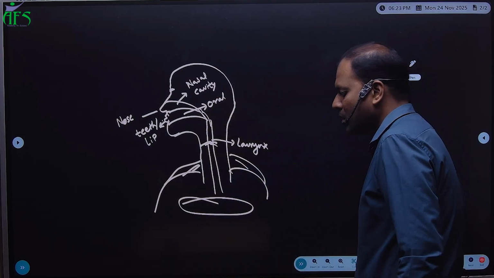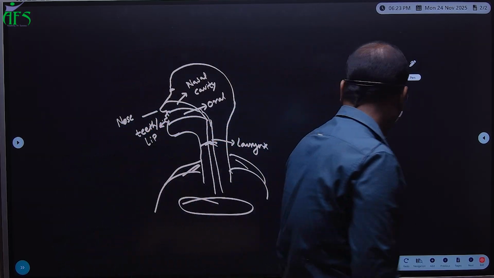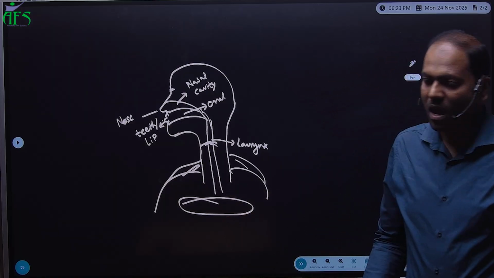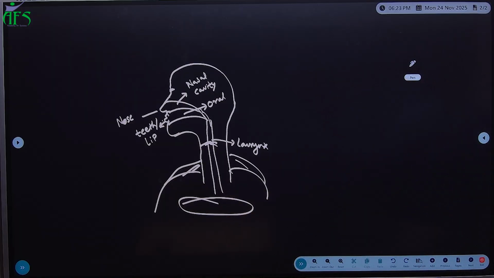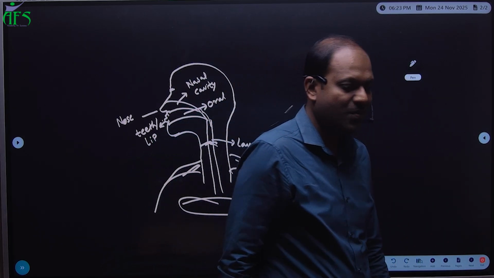So friends, as I was talking about these organs, larynx, how it is working, how it is part of the speech production process. The larynx is commonly called the voice box, and it is an organ in the neck region which is involved in breathing and production of sound, right?